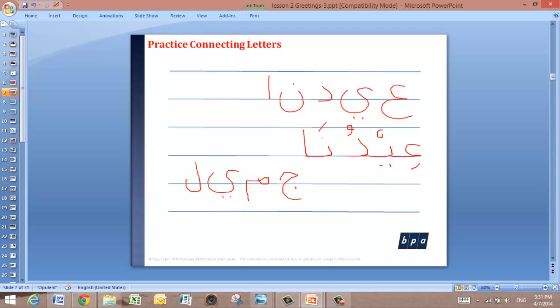And I'll just use the space here on the right so it does not crowd the letters. For the jim, we just put the top part. The meme takes its middle shape. The ya stays on the line in the middle. And the lam takes its full shape at the end.